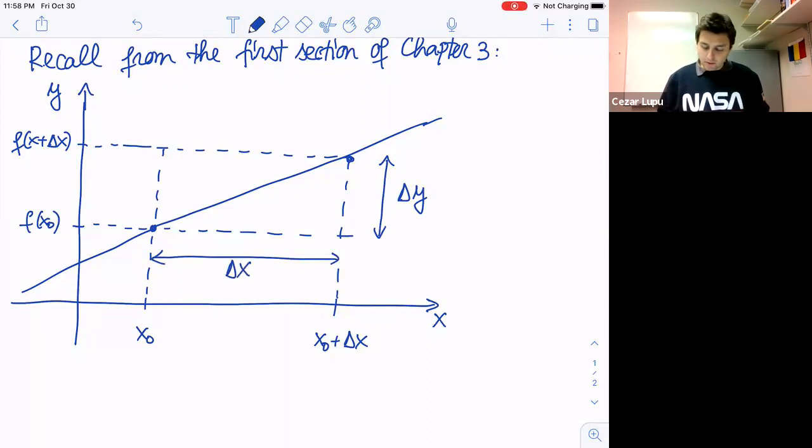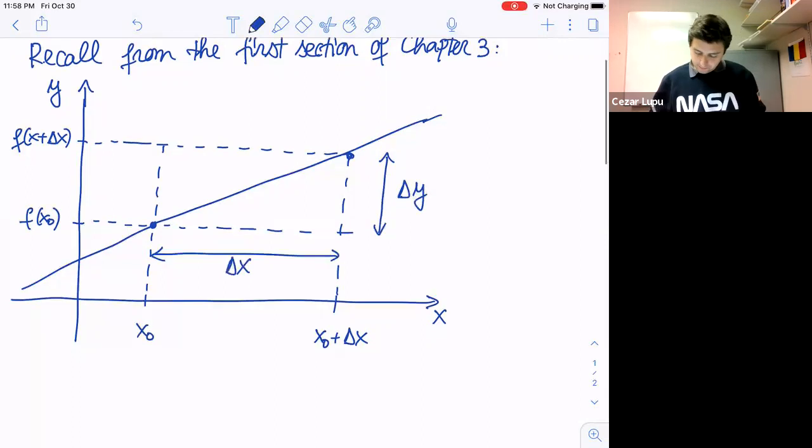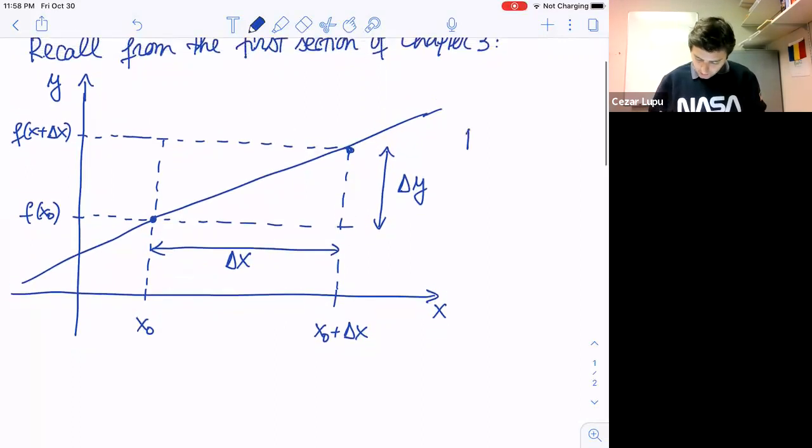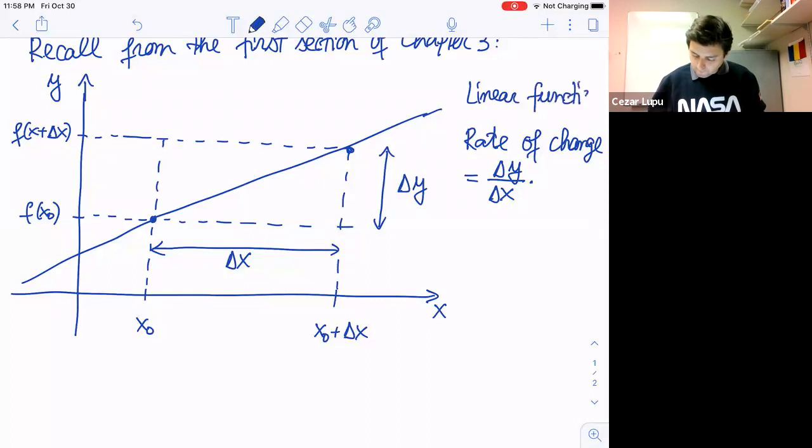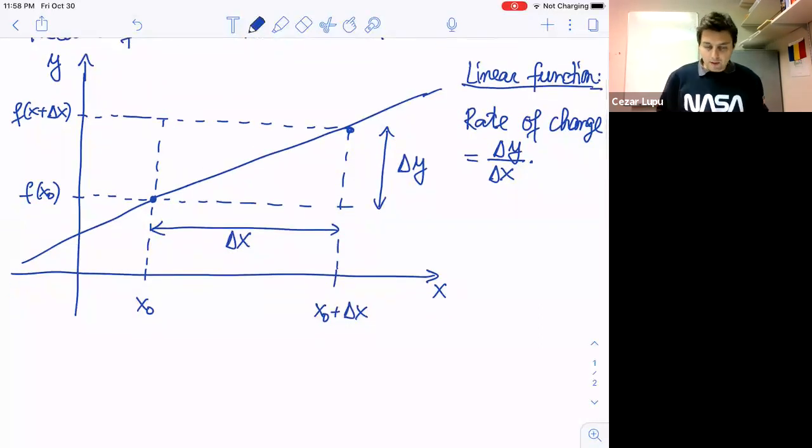All right. So the rate of change, let me write it here, is equal to delta y over delta x. All right. So that's for a linear function. Okay.